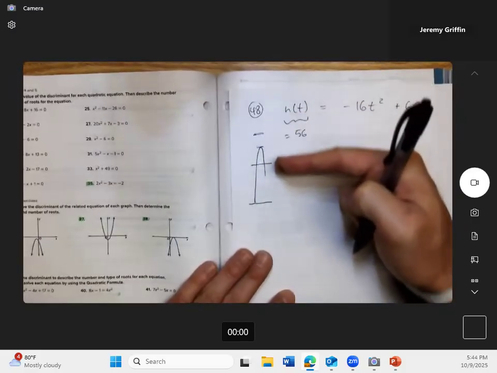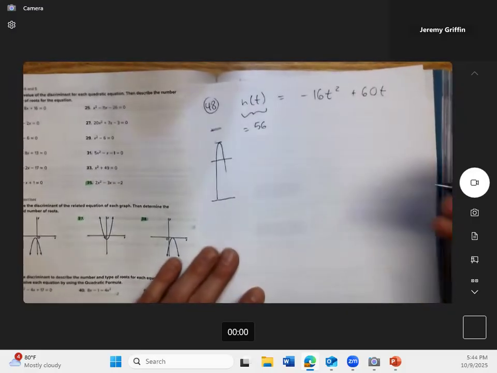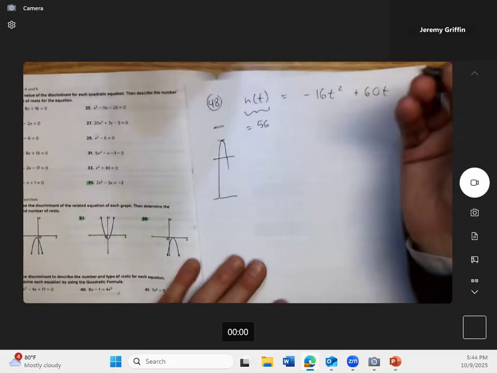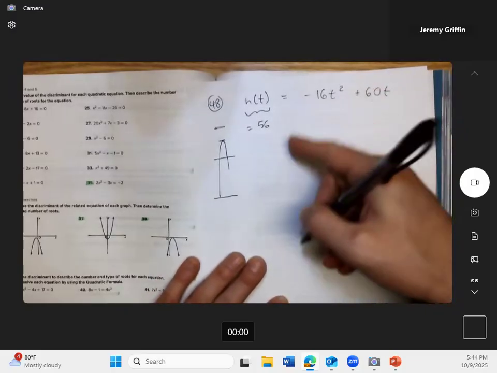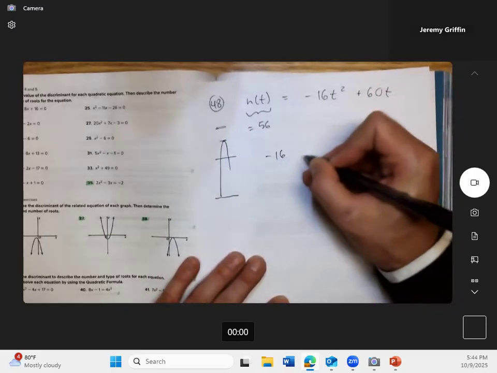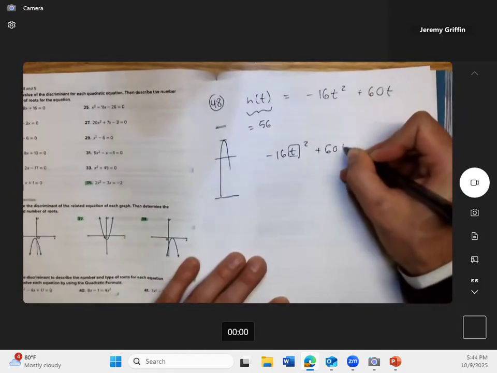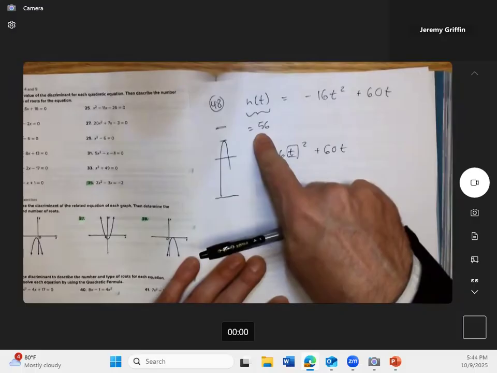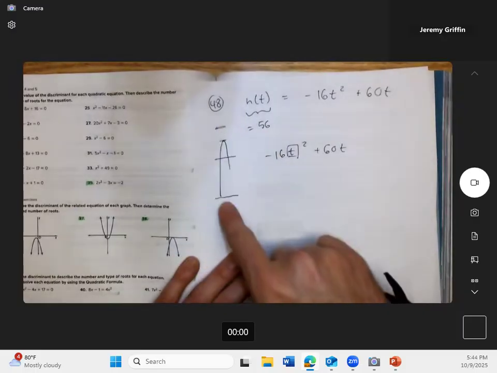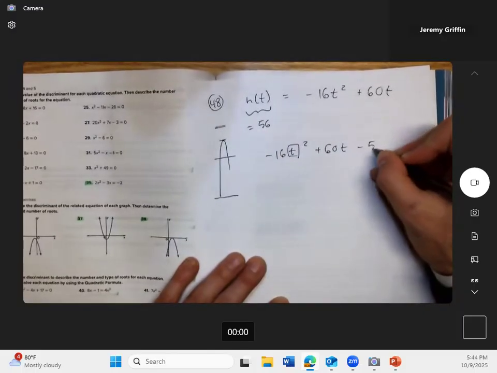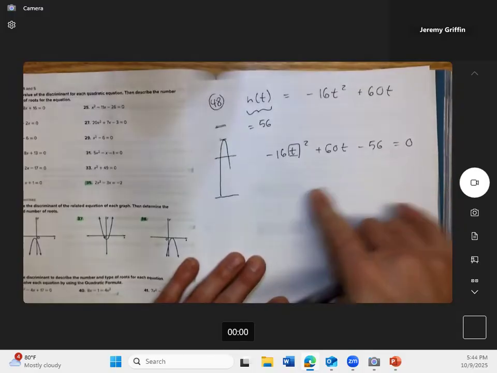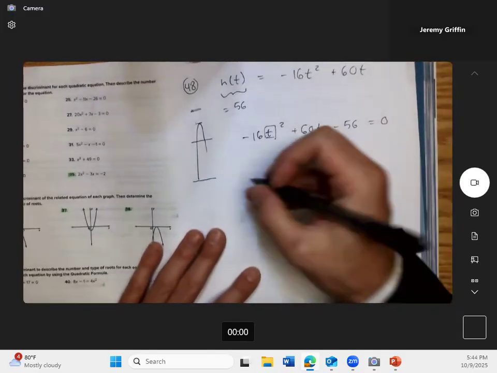So I don't know where 56 feet is in the scheme of things, but I can find out by looking at the discriminant or setting up the quadratic formula. So here, this will be negative 16 t, we're solving for t, squared plus 60 t. Now, since I say equals 56, as in equals 56 feet high, I'm going to say minus 56 equals 0. And now I can apply the quadratic formula.